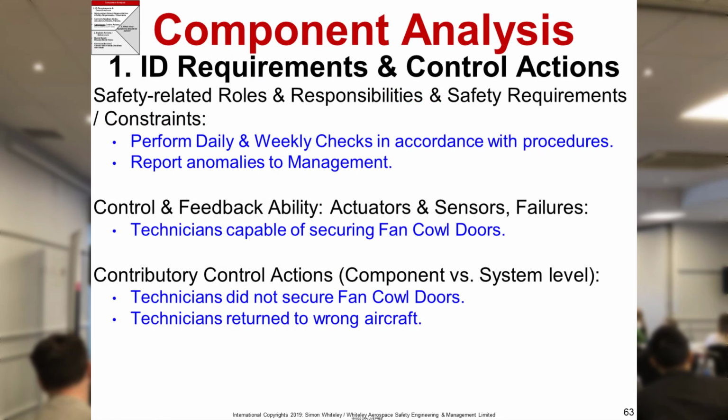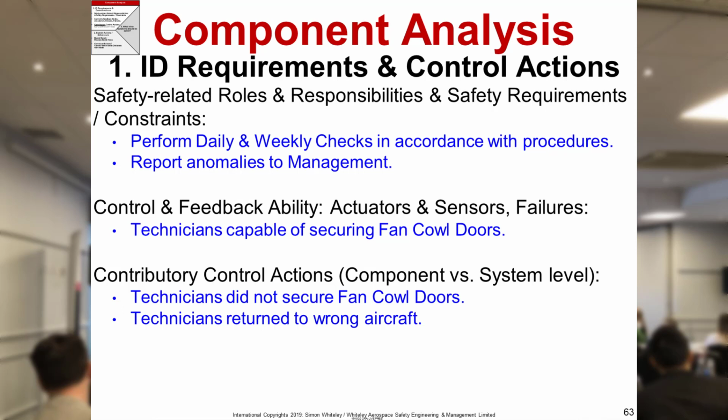So first off, safety-related roles and responsibilities. The maintainers need to perform daily and weekly checks in accordance with procedures, and then report anomalies to management. In terms of their ability to influence the aircraft, the technicians were fully capable of operating the fan cowl door locks, so there was nobody with a broken arm or anything like that.